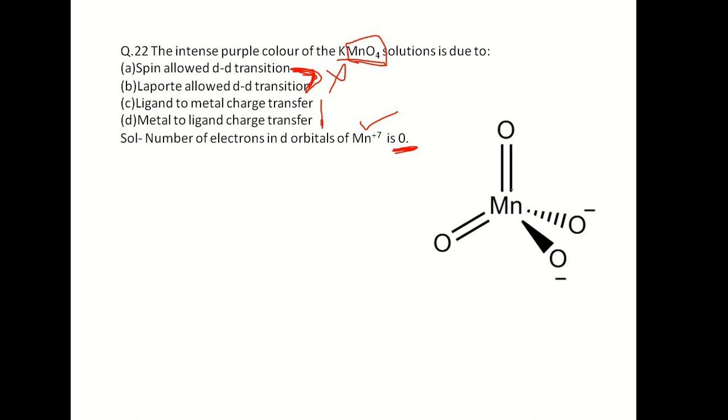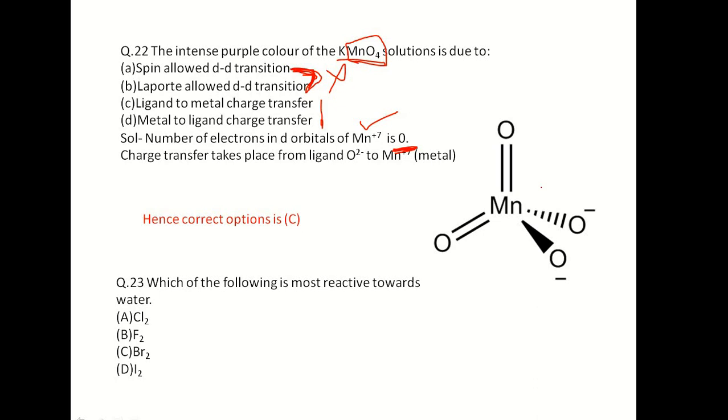It is a hybrid structure. Oxygen is negatively charged and acts as a ligand here, and the metal is manganese 7 plus. So the charge will be transferred from ligand to metal because ligand has excess of electrons and metal has scarcity of electrons. So the correct option is option C.